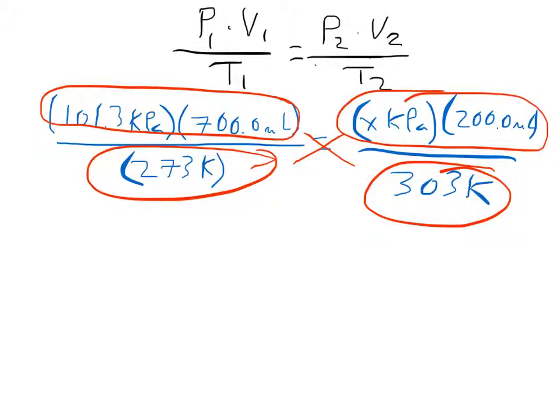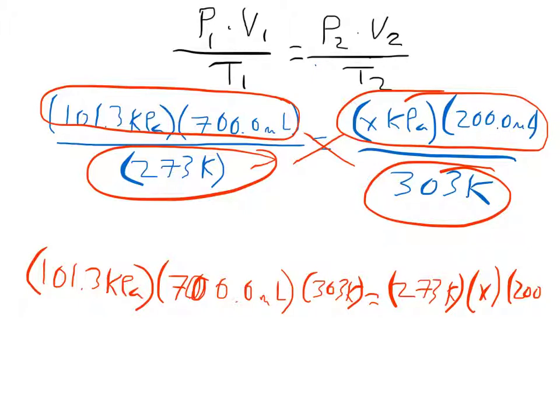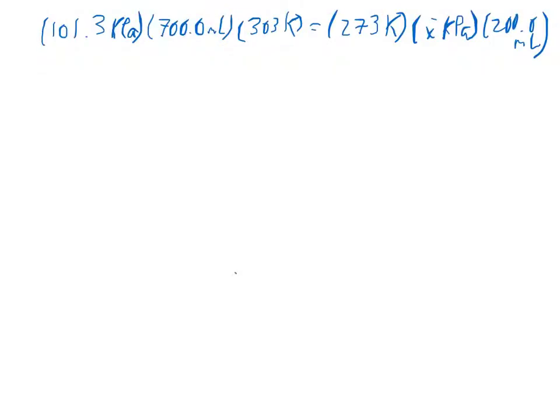If we do this, we get 101.3 kilopascals times 700.0 milliliters times 303 Kelvin equals 273 Kelvin times x times 200.0 milliliters. So now we don't have any denominators, which is much easier to work with.